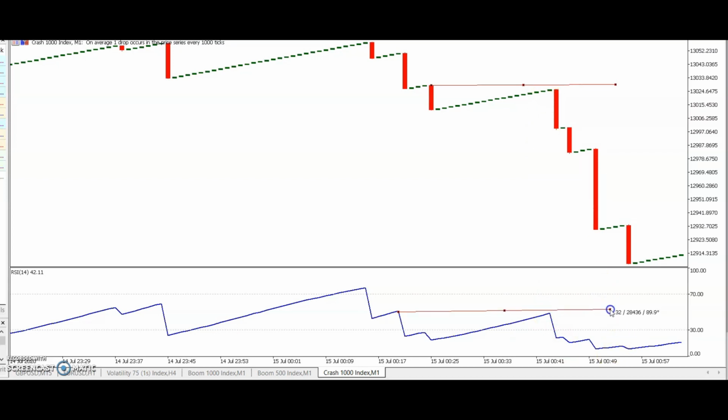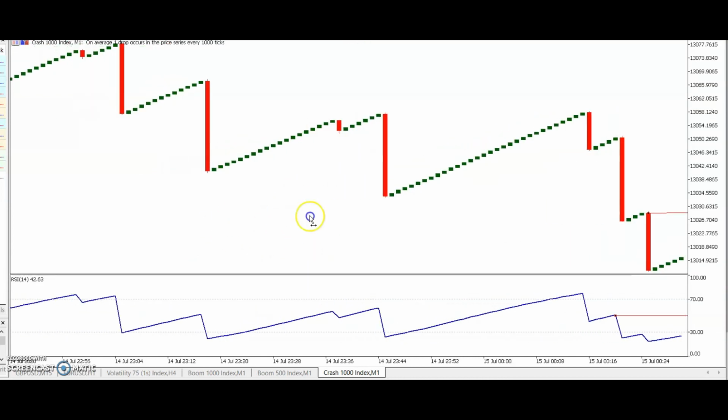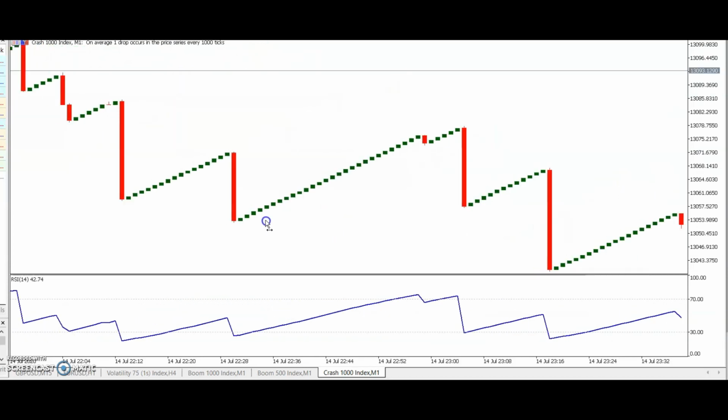This one is not a straight line. Now it's straight. My RSI is below, my price is approaching my previous peak, then I enter into a sell to get these spikes. I don't know if I'm able to explain this thoroughly, but that is what divergence is.